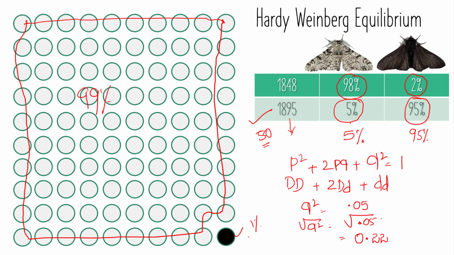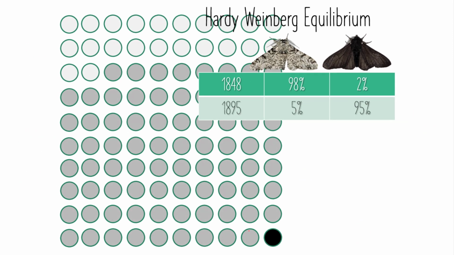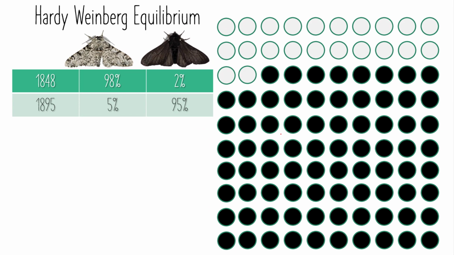Now after 50 years, quite astonishingly, the gene pool has changed, and we see the existence of light colored peppered moth allelic frequency at only 22%. The remaining 78% of the allelic frequency changed over the 50 years to the dark peppered moth population.